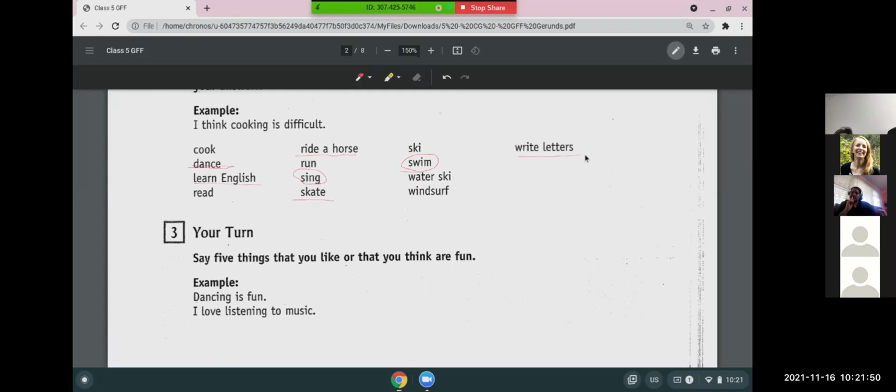Like letters, also too, in English. Writing letters in English, sure, may be difficult. But what about in your first languages? It's easy for me. In English, it's difficult. Everything.